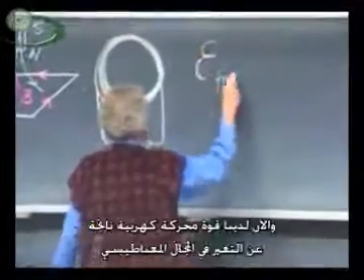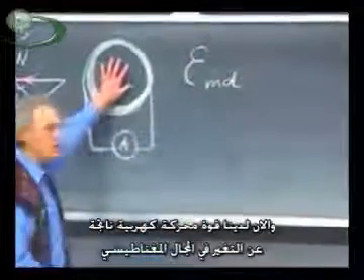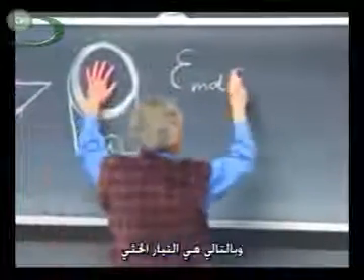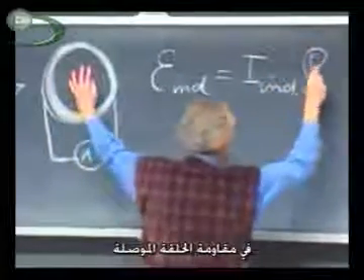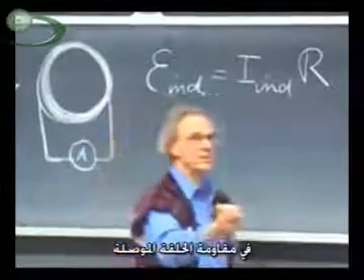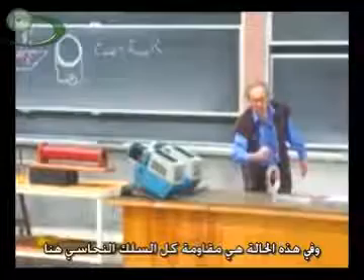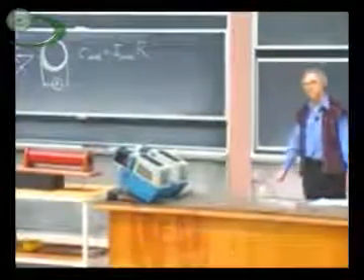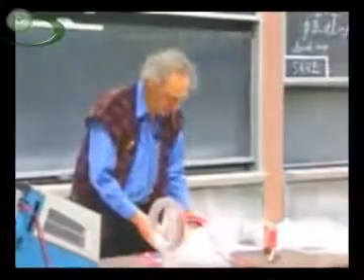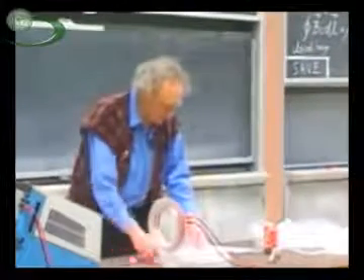So now we have an induced EMF, which is the result of this changing magnetic field. And that, therefore, is the induced current times the resistance of that entire closed conductor, whatever is in there. In this case, the total resistance of all these windings, of all the copper wire. That's Ohm's law. So the induced EMF is always the induced current times the resistance.